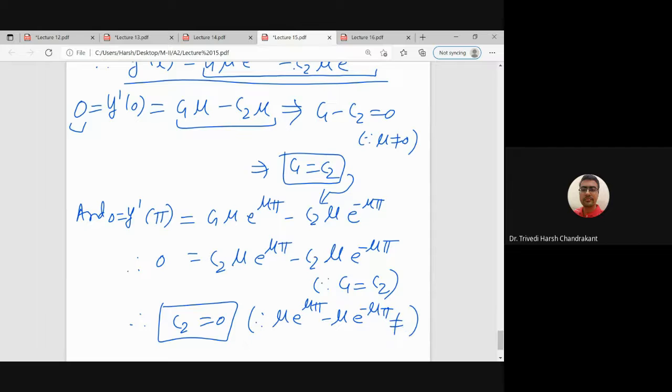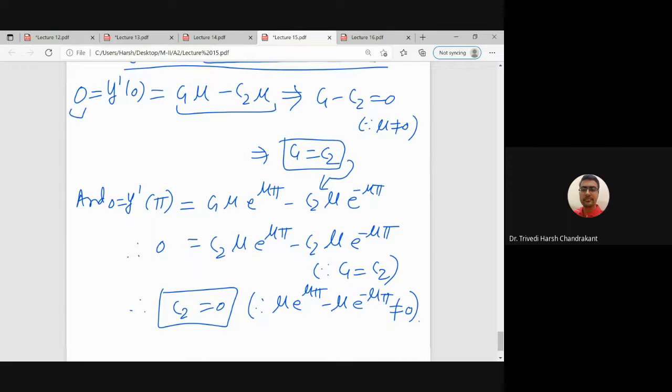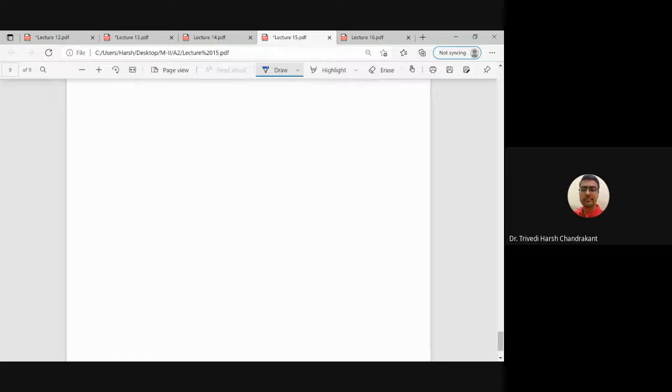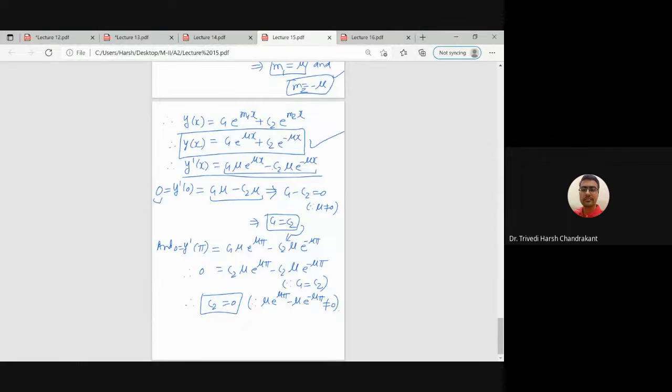Why? Because mu e power mu pi minus this number is a non-zero number. Mu is fixed, mu is some real number. So what did we get? We got the solution in which c1 and c2 are the same and c2 is 0. So what is the solution?